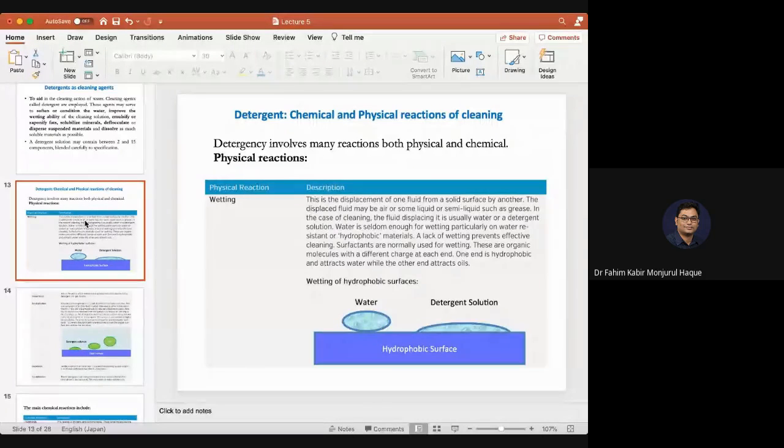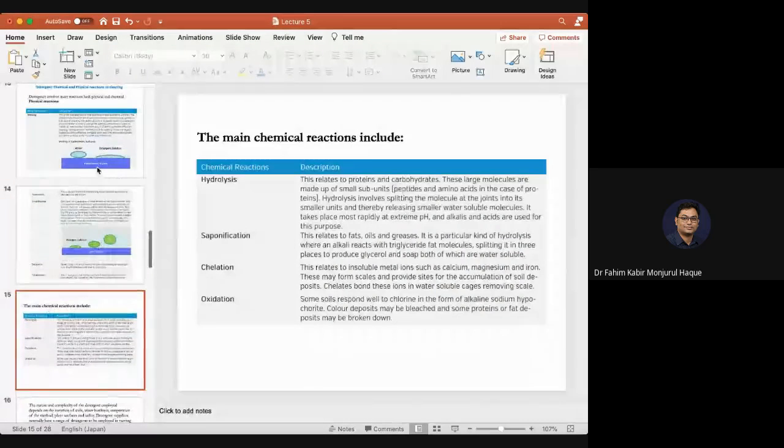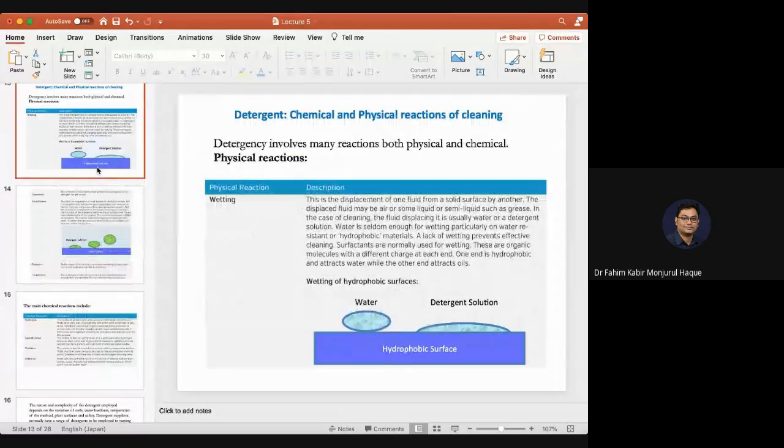They clean things, but how do they actually do that? Trust me, I myself didn't have a very clear idea about that. But if you read these two slides, I think you'll get a quite good idea how detergents do the cleaning. Basically, detergents do the cleaning effect in two ways, by two kinds of reactions.